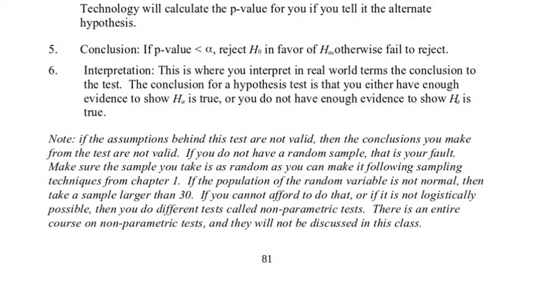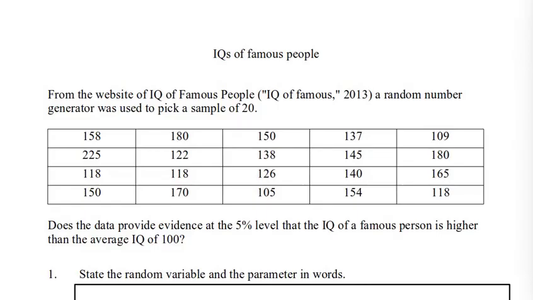If you can't afford to do that, or it's not logistically possible, then you do different tests that are called non-parametric tests. There's an entire course in statistics on non-parametric tests, and we're not going to discuss those in class. So get a sample size of at least 30, or make sure that it came from a normally distributed population to begin with.